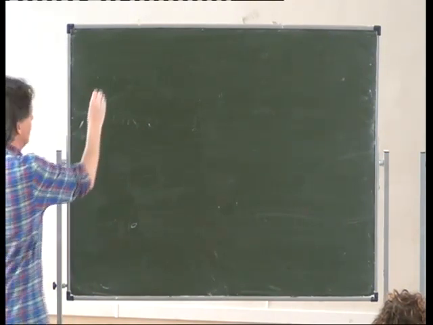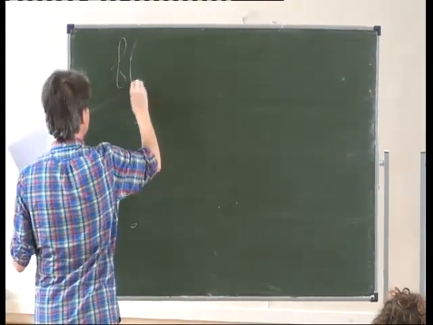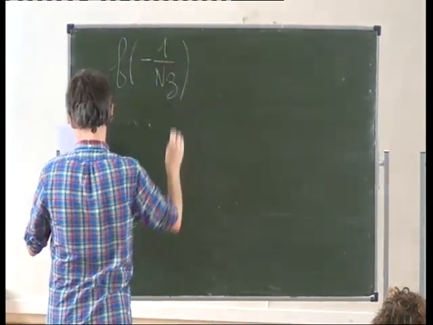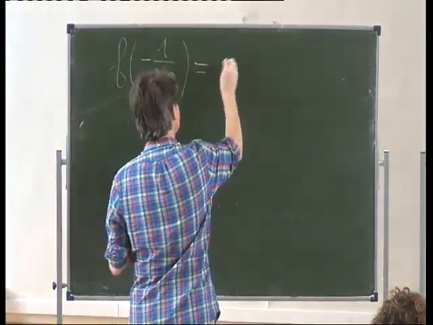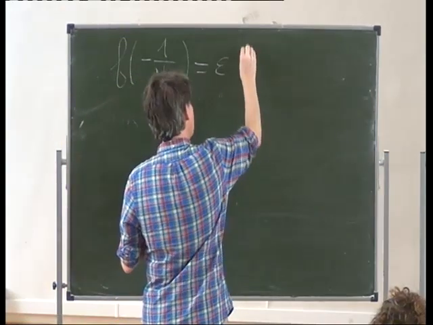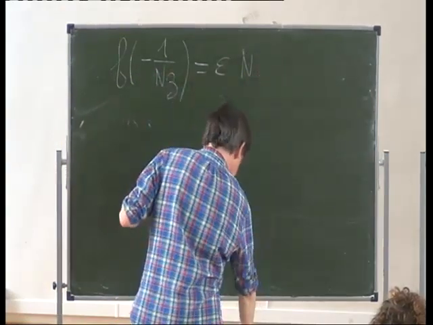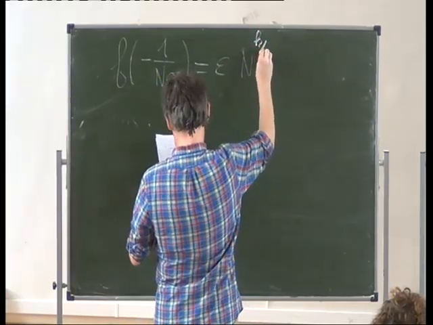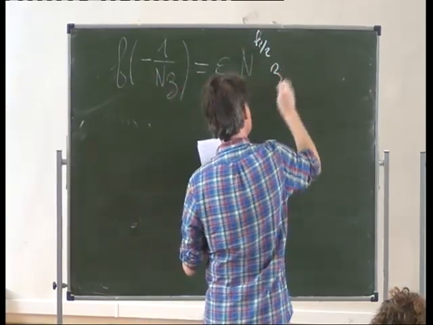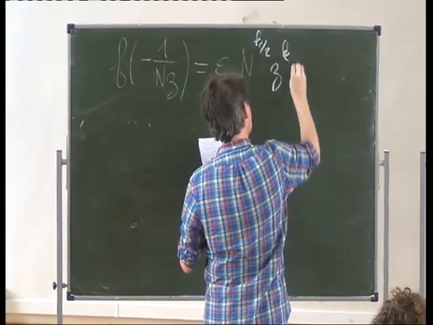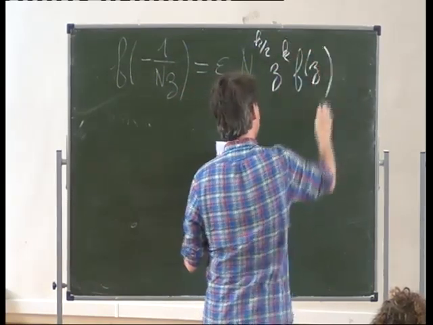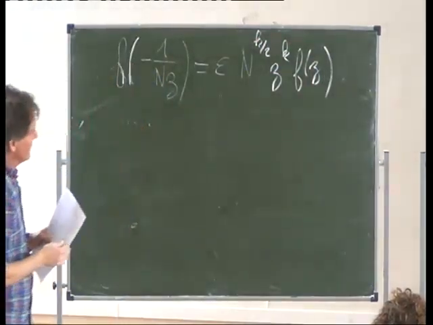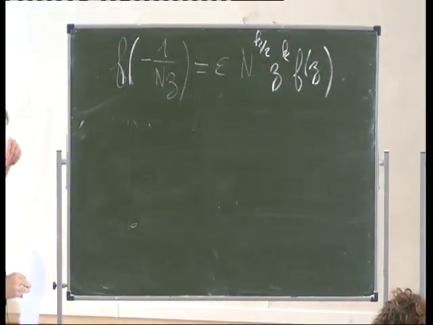Suppose we had this formula: f of (-1/(Nz)) equals epsilon times N^{k/2} z^k f(z).